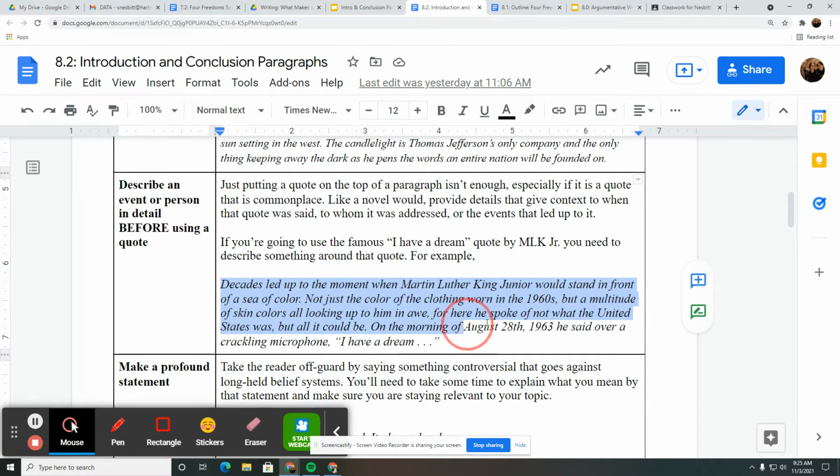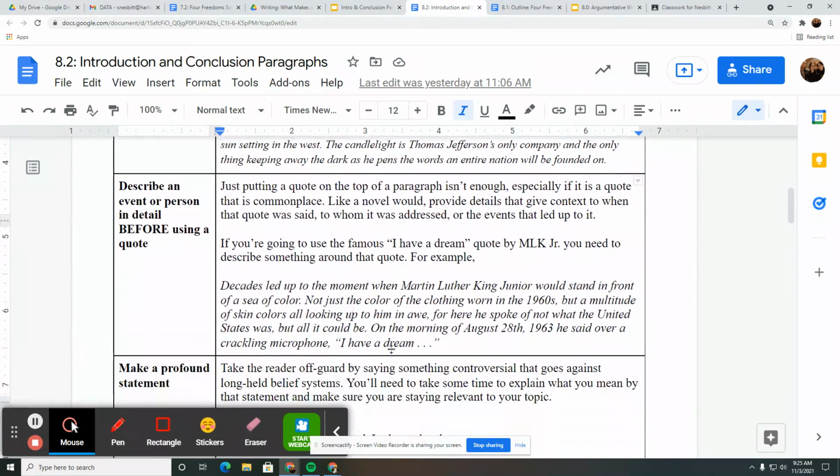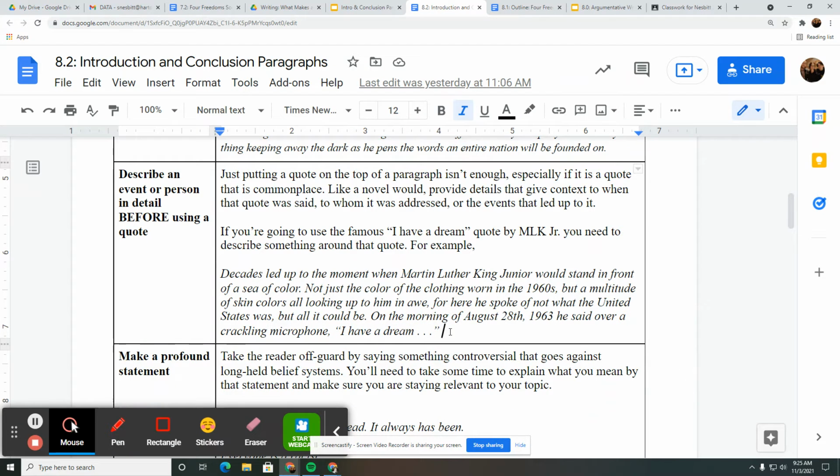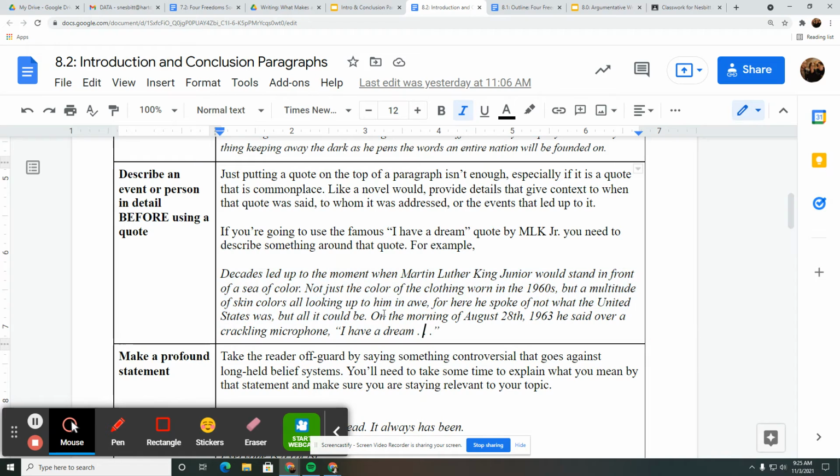On the morning of August 28th, 1963, he said over a crackling microphone, I have a dream. Now, again, you're being super descriptive here, which makes me hooked. And then you have an amazing contextual lead in right before your quote. And automatically there, I'm in, I'm sold, I'm willing to read your essay.